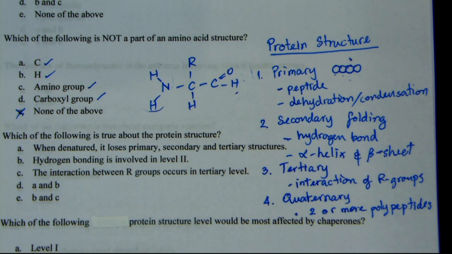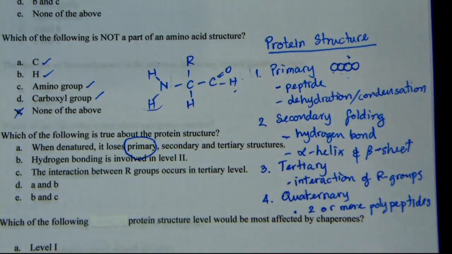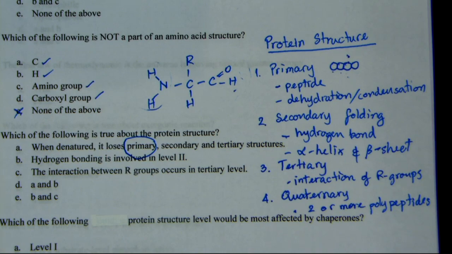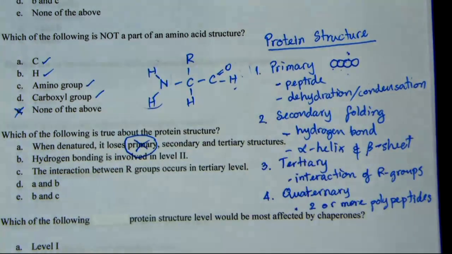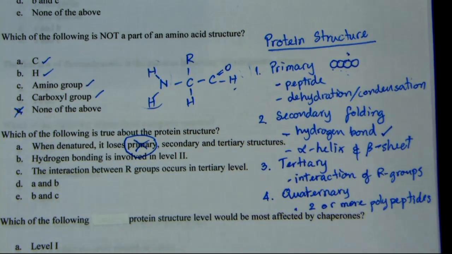Is that true? No, because right here, the primary stay the same. We lose only secondary and tertiary. Okay, so that's not right. So hydrogen bonding is involved in level 2. Is that correct? Right here, right? So that one is correct.